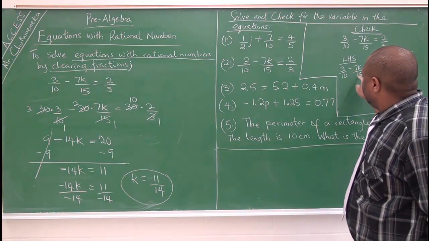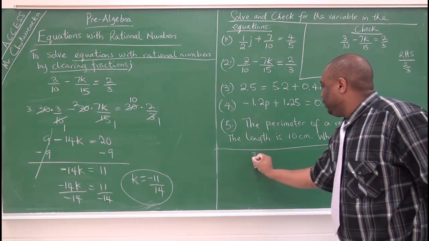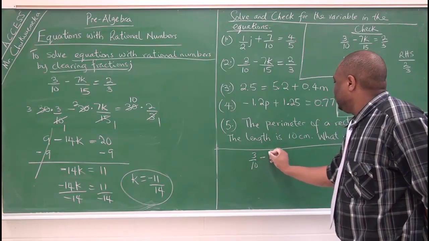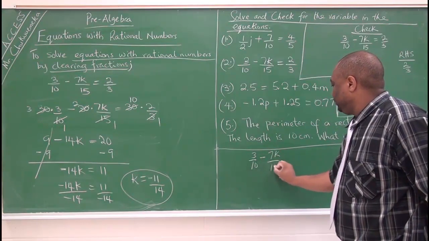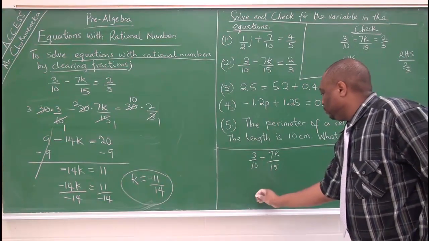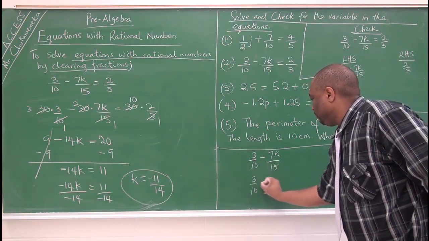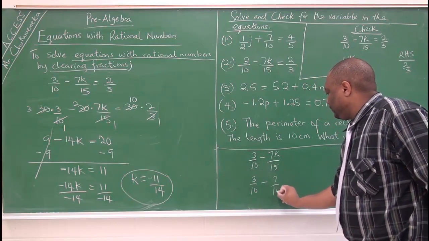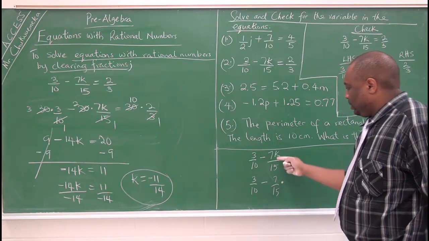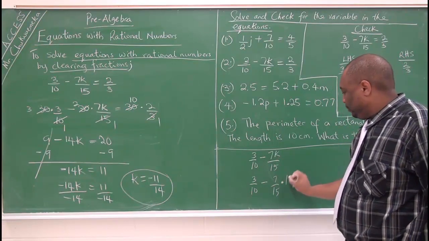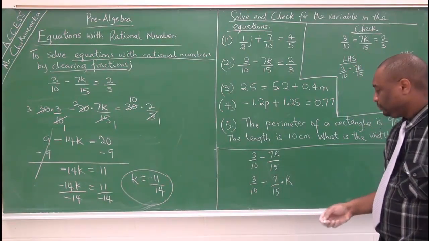So, we substitute it here, assuming we have 3 over 10 minus 7k over 15. So this will mean 3 over 10 minus 7 over 15 times k, because this means times k. I hope you know that's what it means.